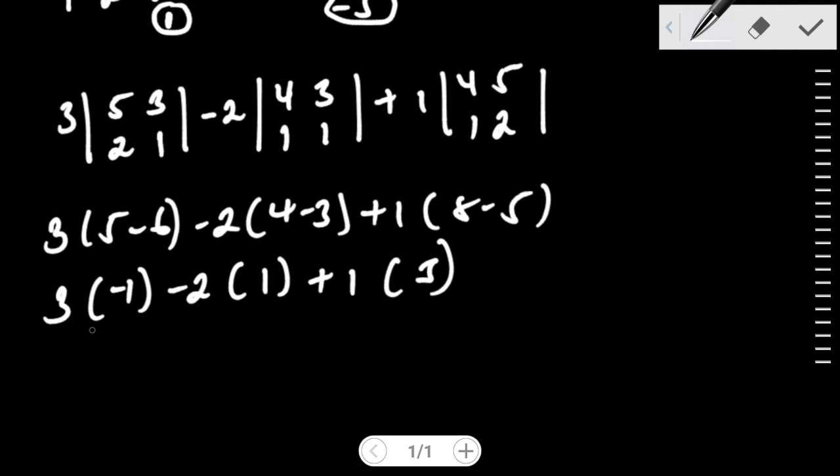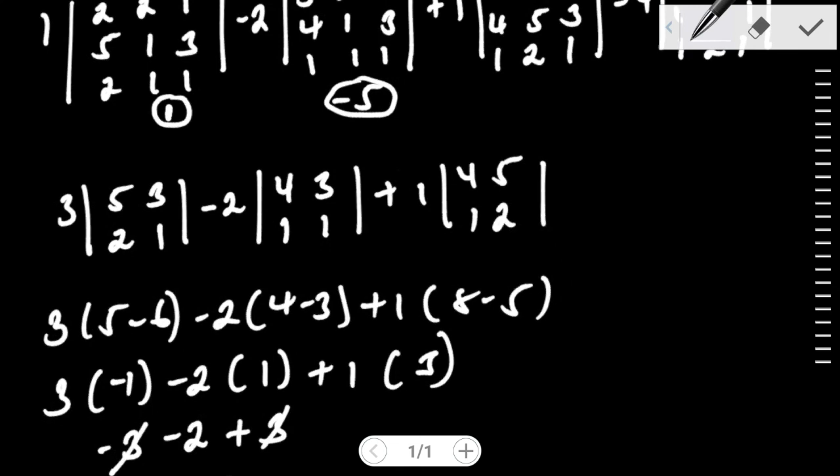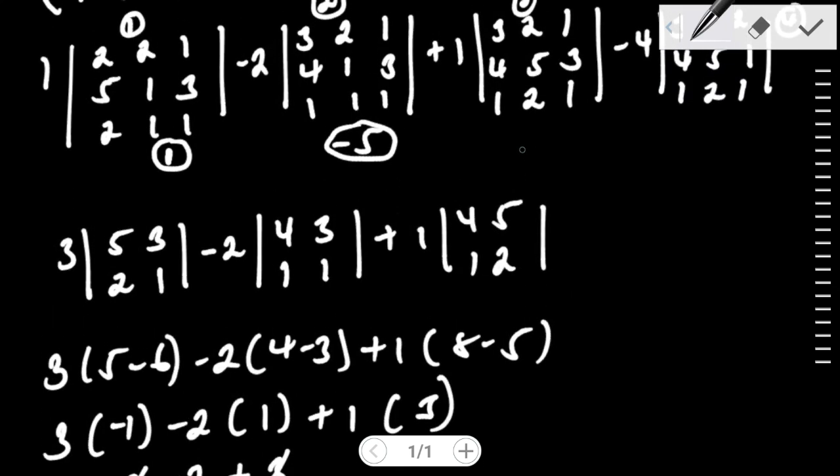This is negative 3 minus 2 plus 3, which gives negative 2. Therefore the third matrix has a determinant of negative 2. Let's put it down here.